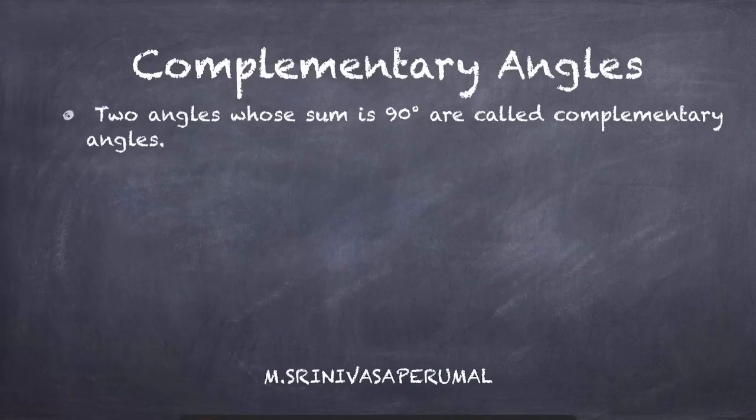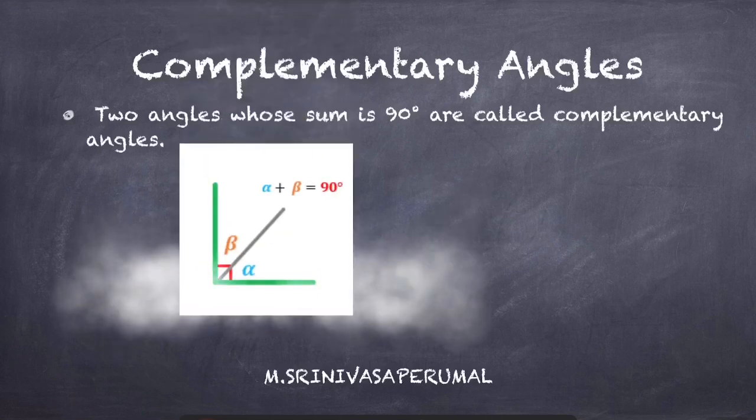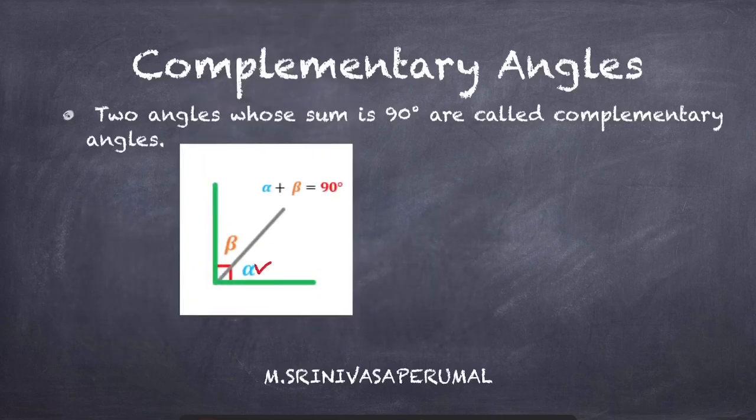Complementary angle. If the sum of two angles is equal to 90 degrees, then these angles are called complementary angles. Consider alpha and beta: the two angles form 90 degrees. That means the sum of the two angles is equal to a right angle. So this is called a complementary angle. Alpha and beta are also adjacent angles.